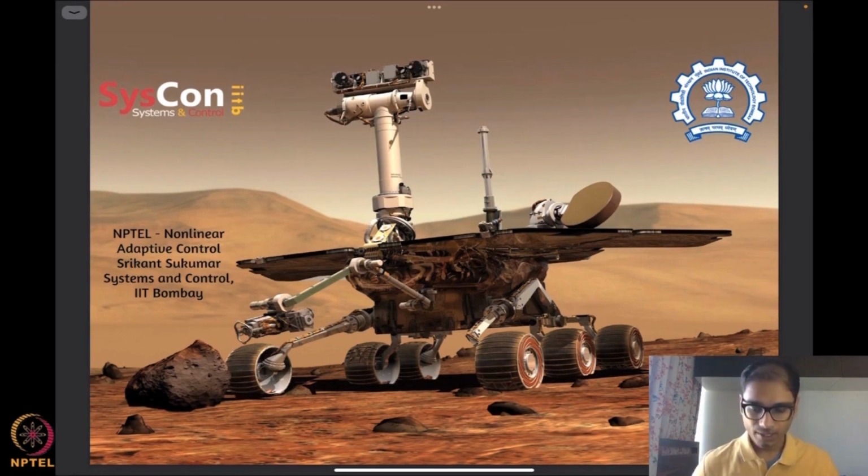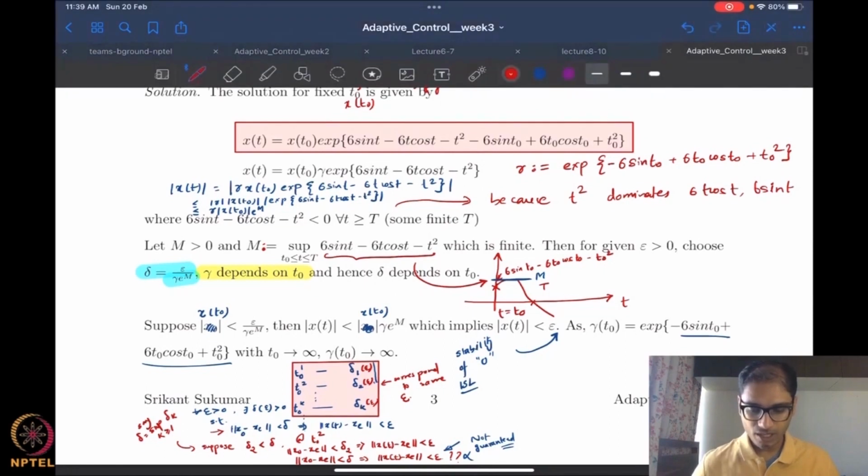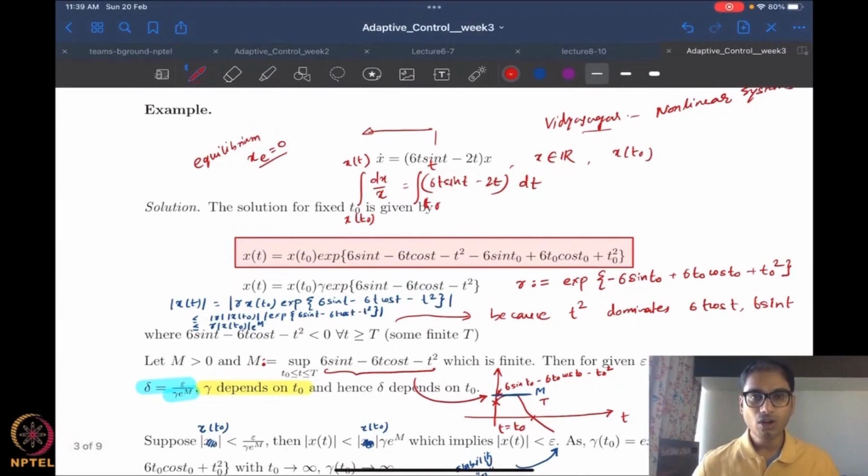Last time we tried to complete this example of a system which is a classical example by Massera, which is solved in the book by Vidyasagar. For this particular system, we showed that it is stable, but it is not uniformly stable.